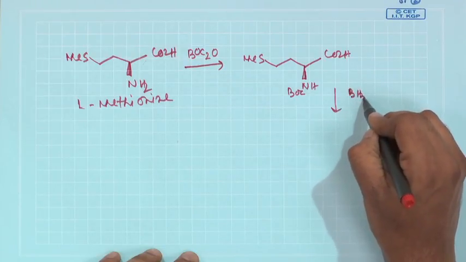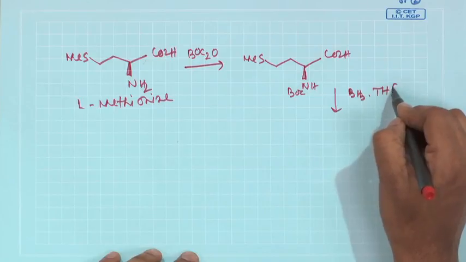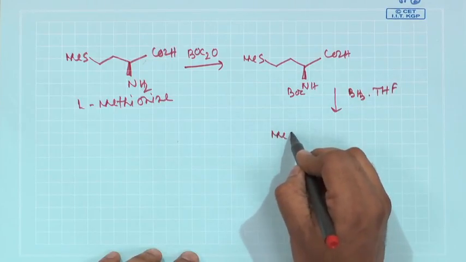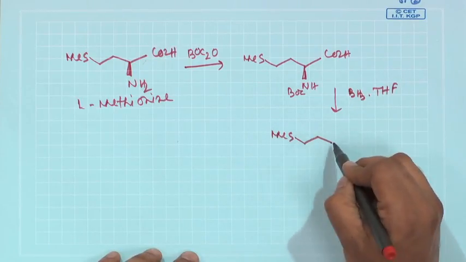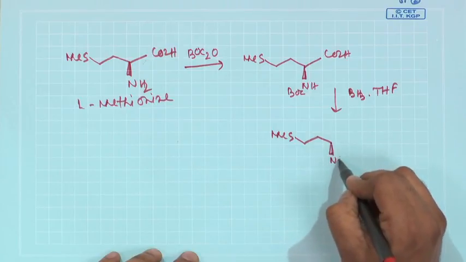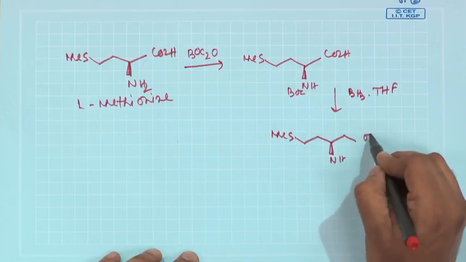In the other operation, you first do the right hand side reaction, keeping the left hand side intact. So, we will try to follow the same principle. Here the carboxylic acid is there, which we now reduce with borane-THF, and this reduction will give you the primary alcohol here.